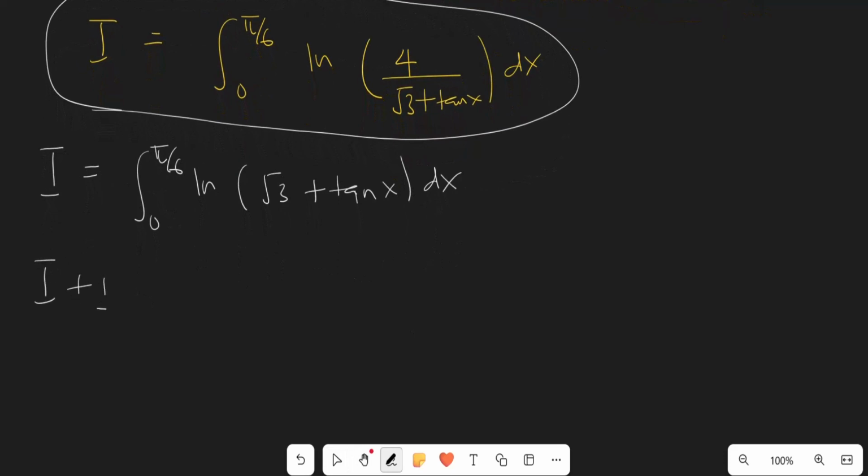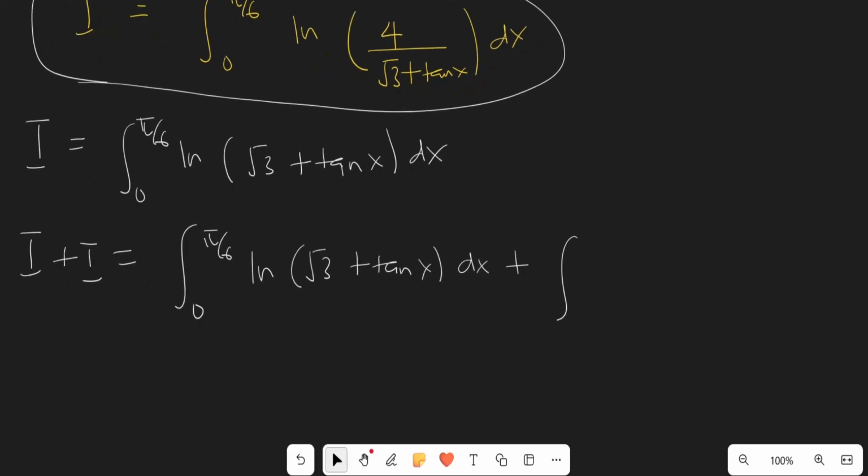I plus I is going to be the integral from 0 to pi over 6 of the natural logarithm of the square root of 3 plus tan of x dx, plus the I transformed by the King's property, which is the integral from 0 to pi over 6 of the natural logarithm of 4 all over square root of 3 plus tan of x dx.